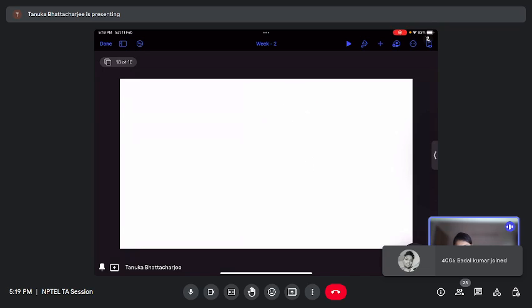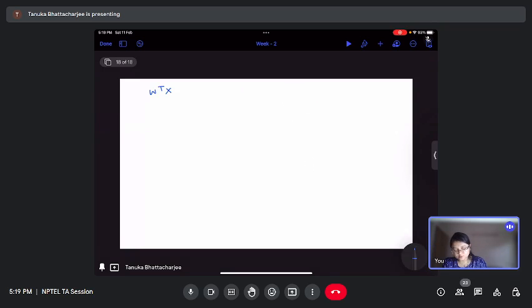Here what we want is W transpose X should be greater than 0. Whenever W transpose X is less than 0, we form the loss function J of W as equal to summation of minus W transpose X for all X which are misclassified.